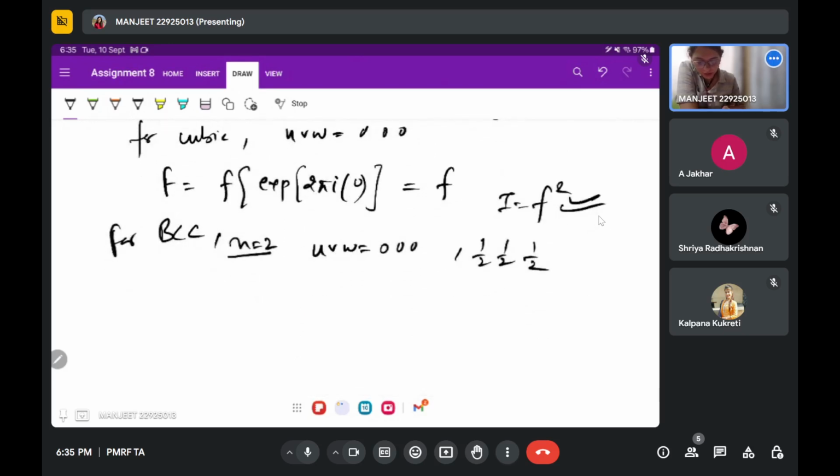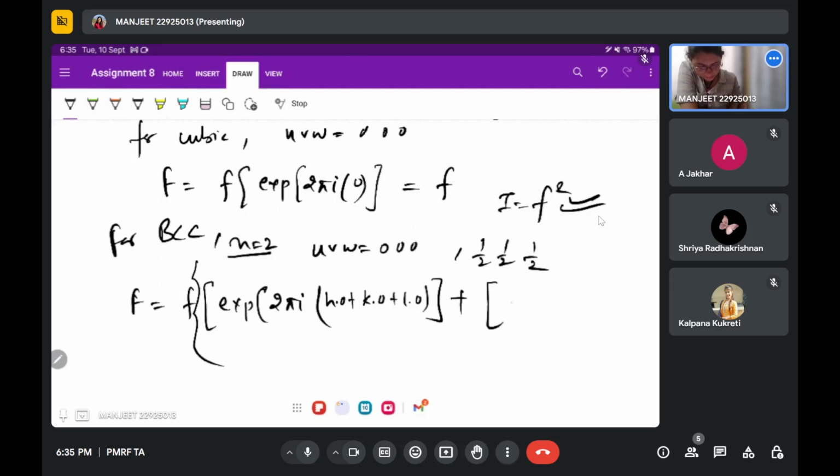If you calculate, this will give you F equal to exponential of 2 pi I (H times 0 plus K times 0 plus L times 0) plus exponential of 2 pi I (H times half plus K times half plus L times half), because your UVW are the half values.